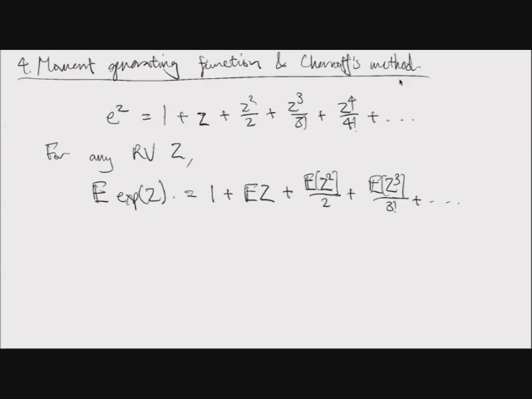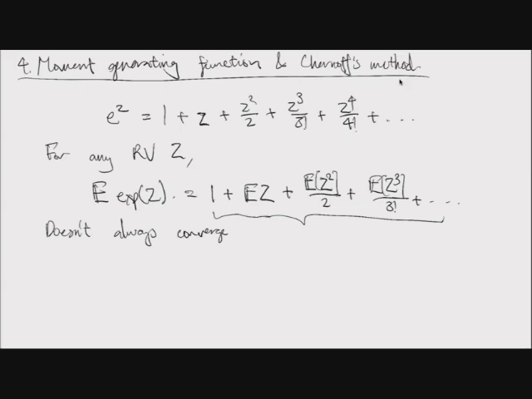Okay, so this series over here is just a formal series, and it doesn't always converge. In fact, it's not even well defined because for some random variables z, certain moments may not even exist.